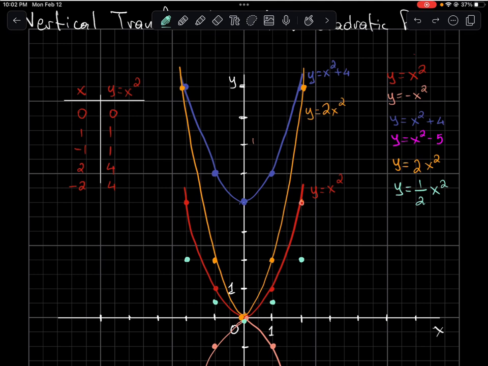Even if I didn't know whether it changes or not based on the transformation, once I have the vertex, I know that this is the axis of symmetry. Everything's symmetric around that axis, and this is the transformed function that has equation y equals 1/2 x squared.